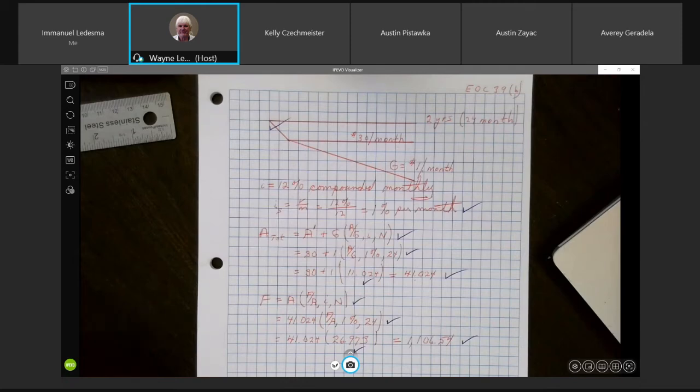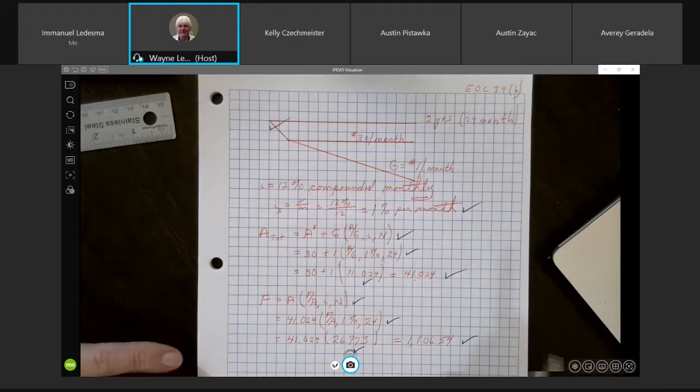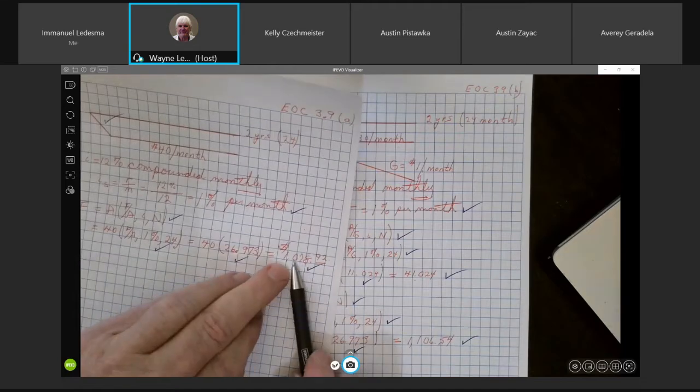Now, a question like this might also have one more associated with it. It might say, which is the better of the two investment plans options? And if that were asked, you'd have to make a decision, which one? Well, from the first one, it generated for us $1,078, call it $79.